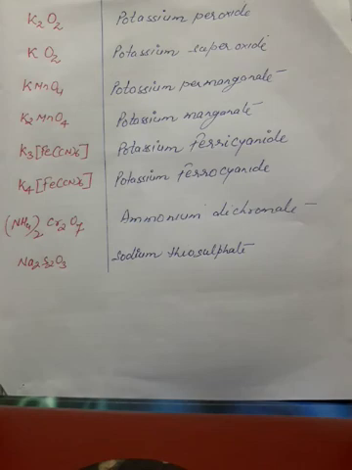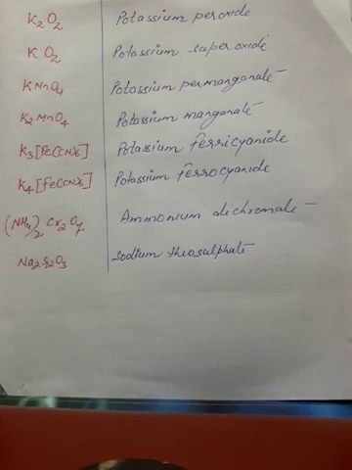Okay, so K3Fe(CN)6 is potassium ferricyanide, whereas K4Fe(CN)6 is potassium ferrocyanide. Ammonium dichromate you have studied in 8th standard also. So just see ammonium dichromate: dichromate valency is 2 minus, ammonium valency is 1 plus. Cross the valency, what formula will you get? (NH4)2Cr2O7. Okay, and thiosulfate one also I have given. Thiosulfate is S2O3 with valency 2 minus. So it combined with 2 sodium, because sodium valency is 1 only. So Na2S2O3 is sodium thiosulfate.